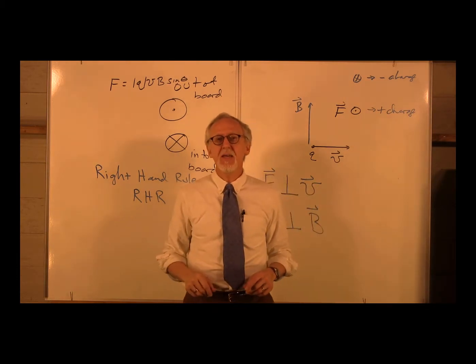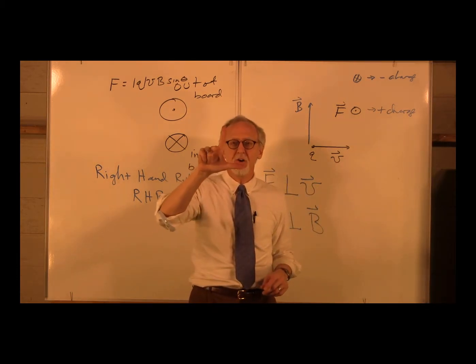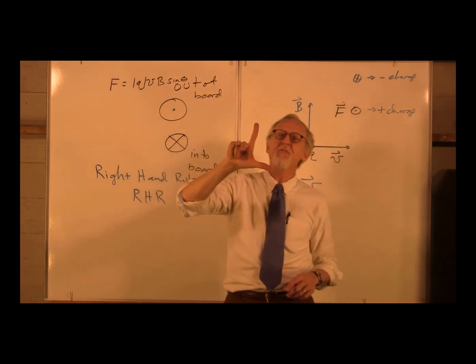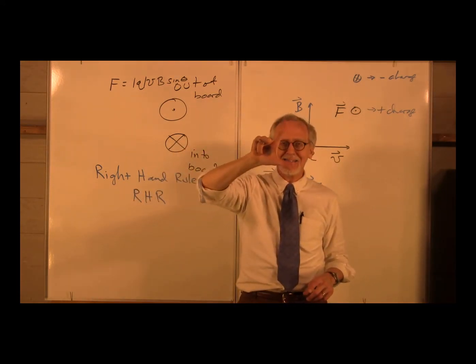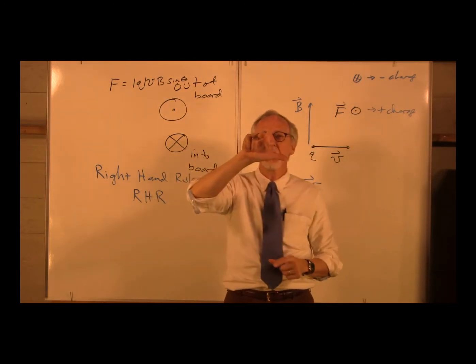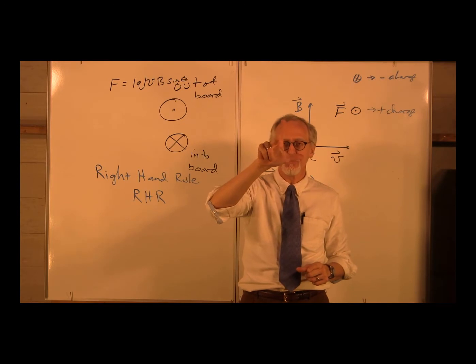Another possibility is to arrange your thumb, index, and middle fingers in a set of mutually orthogonal axes, like this. Notice that my thumb, index, and middle finger are all perpendicular to each other.